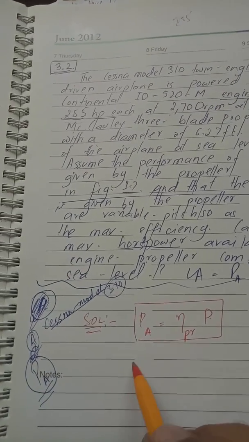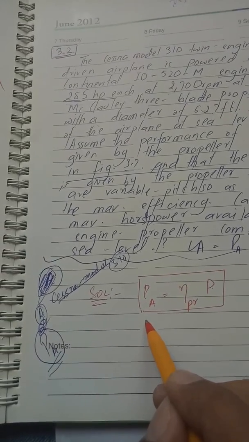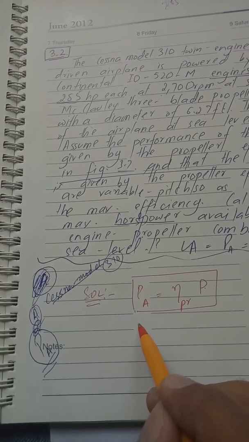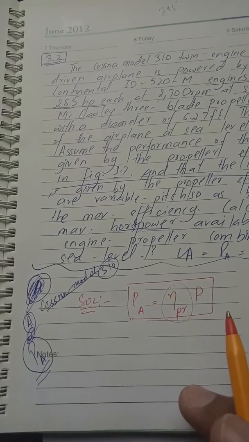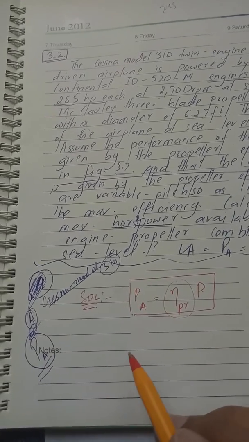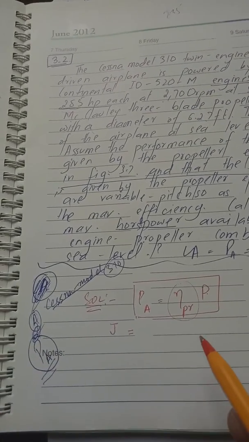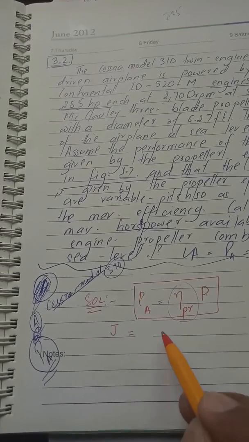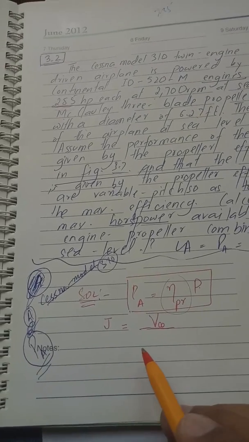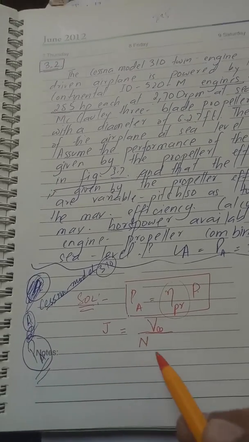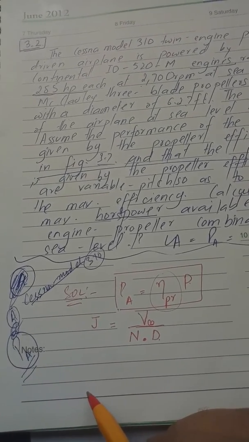And also we have an equation for the propeller efficiency, which we can also explain in terms of J, and J is normally represented as a ratio of the free airstream velocity divided by n, the number of revolutions, times the diameter of the propeller.